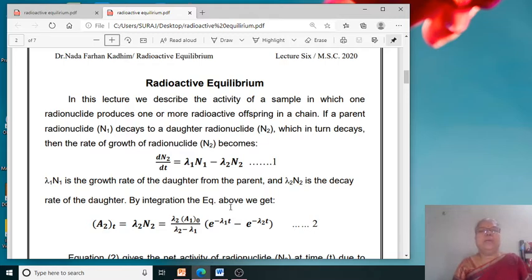A radioactive equilibrium is established when the parent is long-lived and the daughter is short-lived. That means the half-life of the parent is greater than the half-life of the daughter.